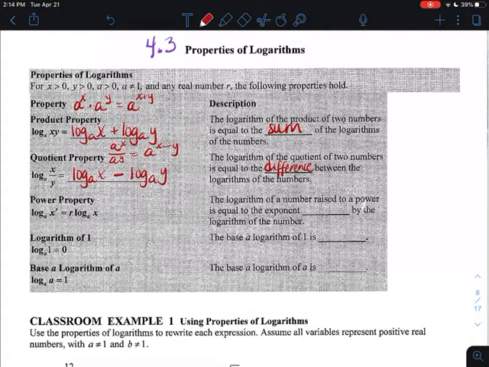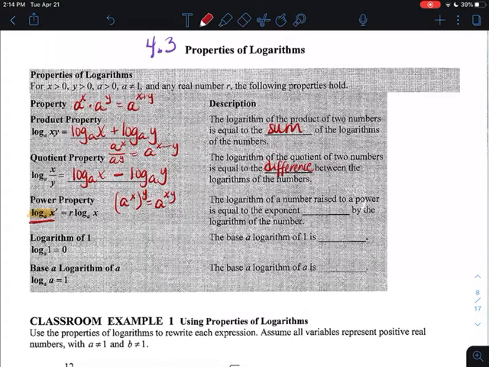And then you have the power property. Remember, if you have something like a to the x power and you're raising it to the y power, when you raise a power to a power, you multiply. So this is a to the x y. If you look over here, this log base a of x, remember that's an exponent in itself, and then you have that raised to the r power.